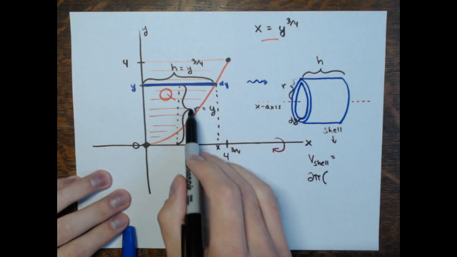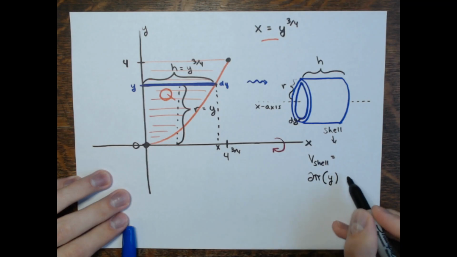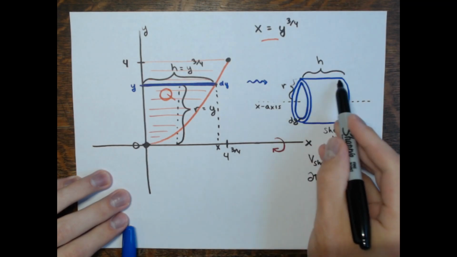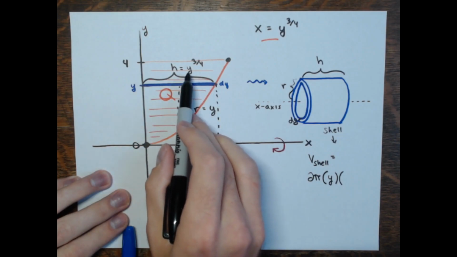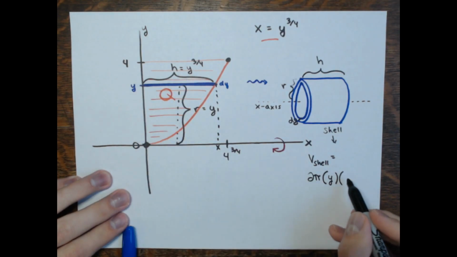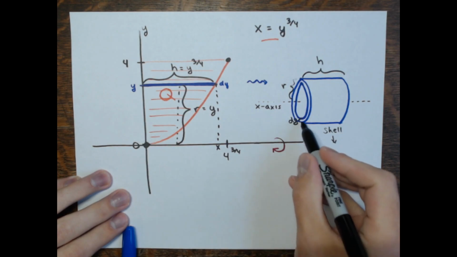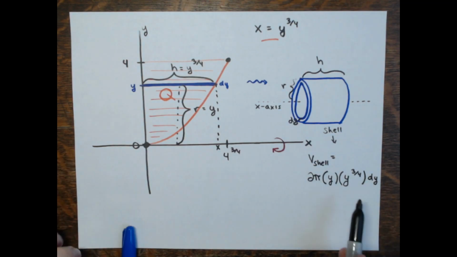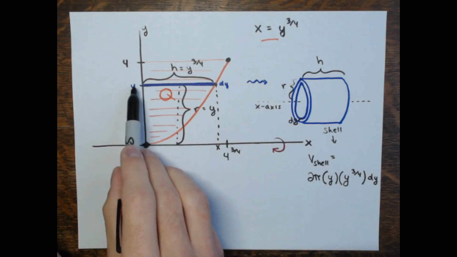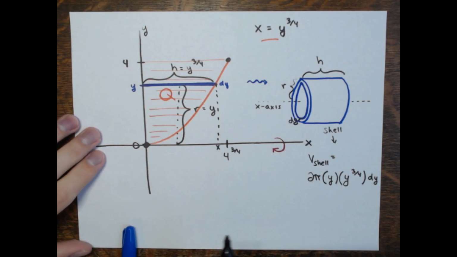But the radius we said was just y, if we're writing everything in terms of y, times the height of the shell, which in terms of y is y to the 3/4, and then times the thickness, times dy. And I'd be finding the volumes of these shells and then adding them up for every y value in this region, which would be from 0 to 4.